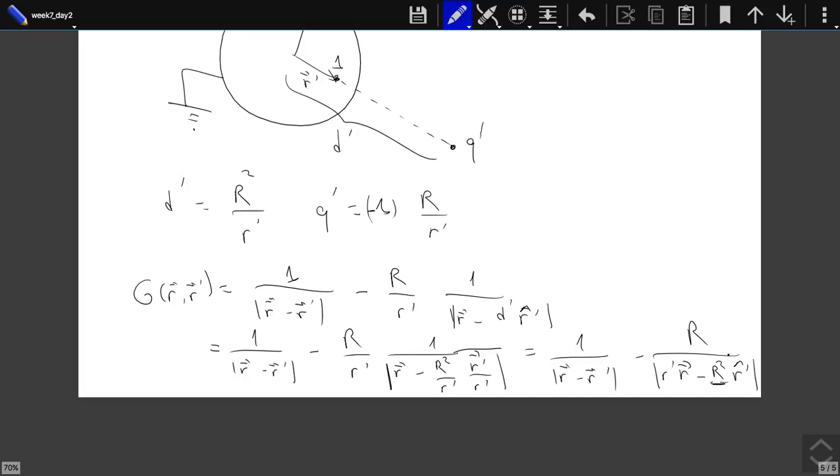Right, yes. So this is our Green's function. It is zero on the surface. It satisfies my Poisson's equation inside my volume.